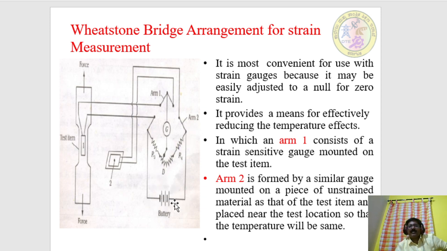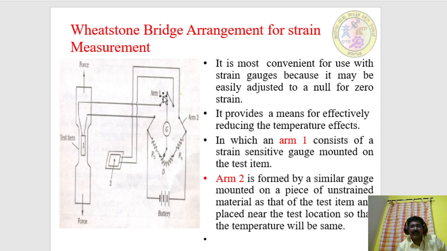It is the most convenient method for use with strain gauges, because it may be easily adjusted to null for zero strain, and it also provides a means for effectively reducing temperature effects. In this, arm 1 consists of a strain sensitive gauge mounted on the test item.